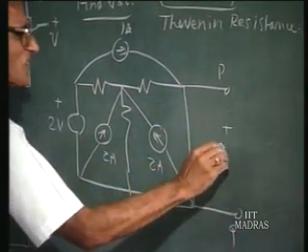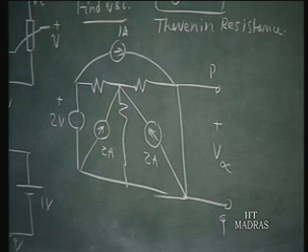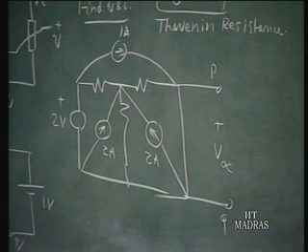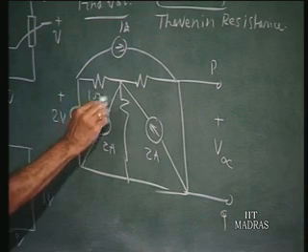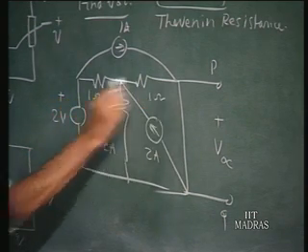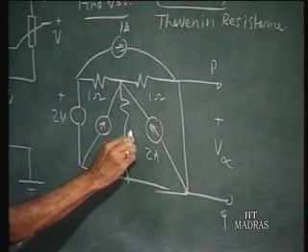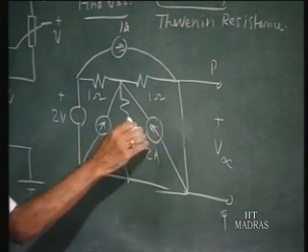So we want to find out the open circuit voltage. Now we can analyze this network with all the resistors that are given to us, 1 ohm, 1 ohm, 2 ohms, and this also of course 2 ohms.